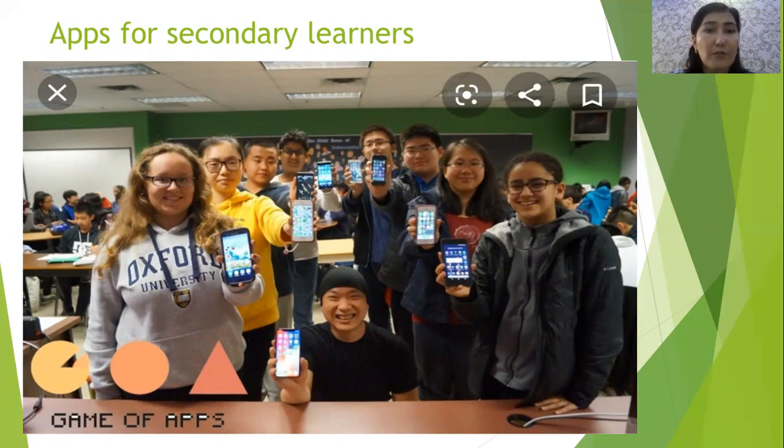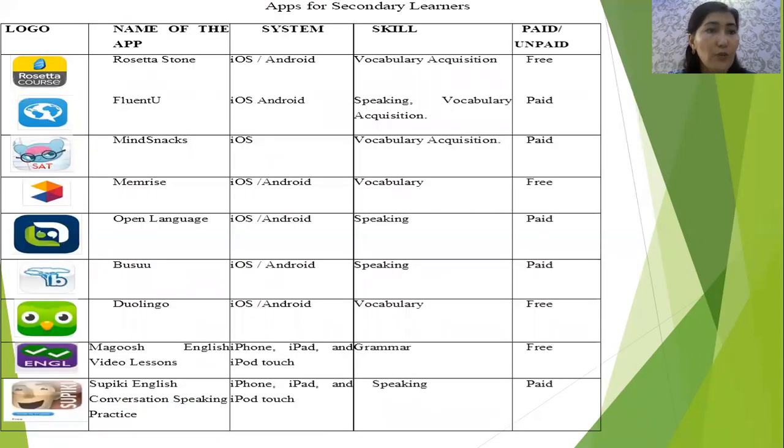So now apps for secondary learners. Rosetta Stone, Fluent U, Minds Next, Duolingo, which we know, Open Language, and Memrise. So these are free applications, and Magush English video lessons are also free.